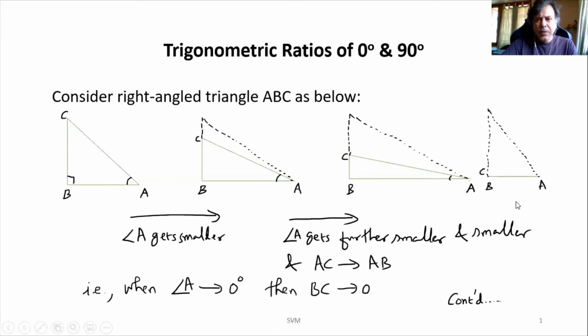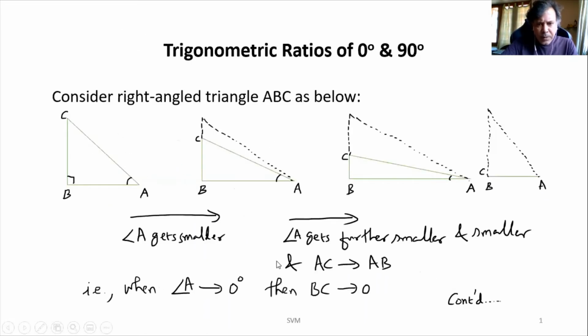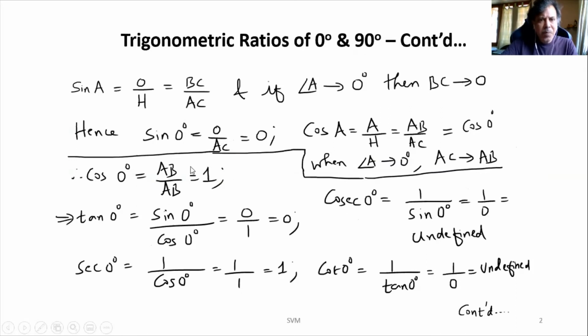If AB and AC become the same, that means AC will ultimately become AB. That means cos 0 will become AB by AB, which is nothing but 1.